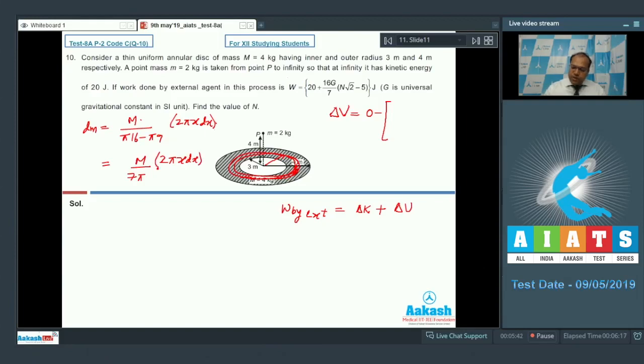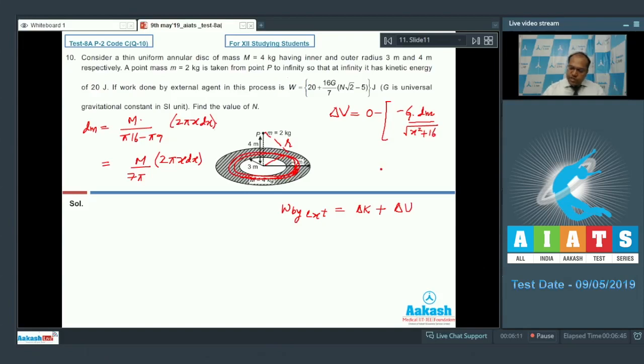So this is dm. So the gravitational potential due to this dm at this point P can be written as minus capital G into dm divided by r. So the value of r is this, and this can be written as under root of x square plus 4 square, that is 16.